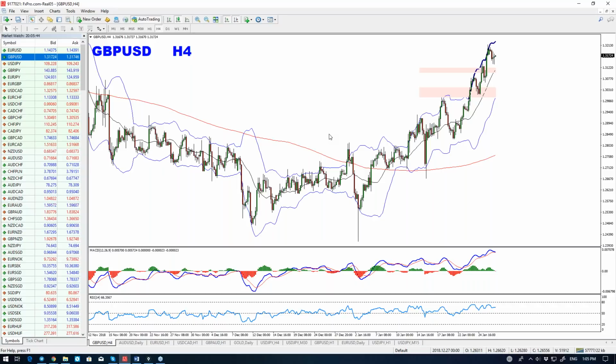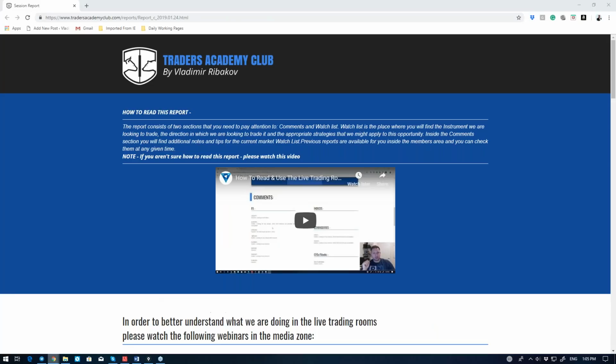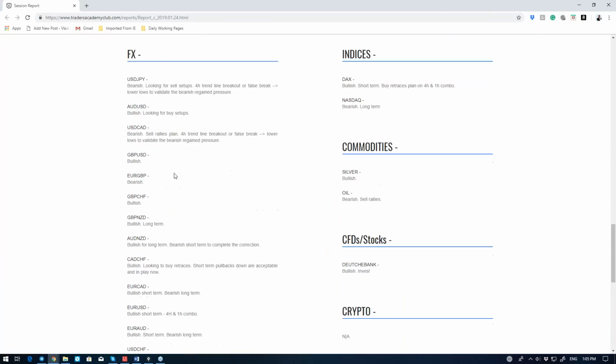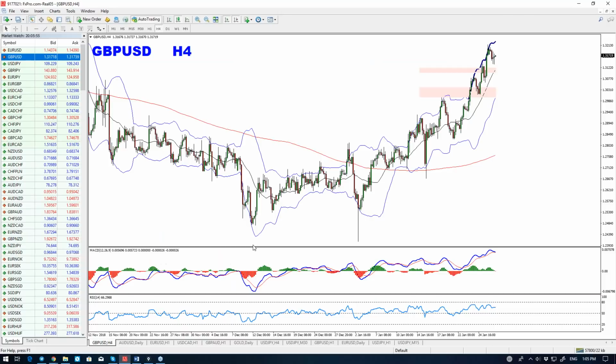Very important note, you would notice here on the report in the comments, bullish, bearish, and a few extra explanations. Keep in mind, if we are bullish or bearish, it does not mean that we buy or sell at any given price. Very important to understand. It gives the direction. The instructions are explained in the live trading room.